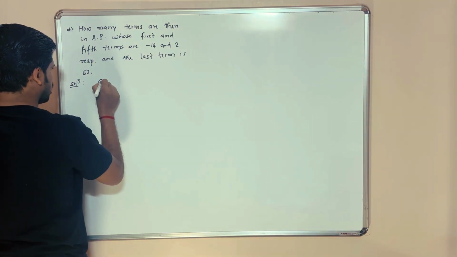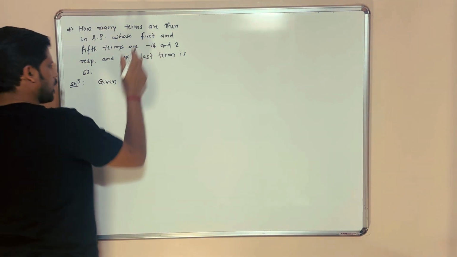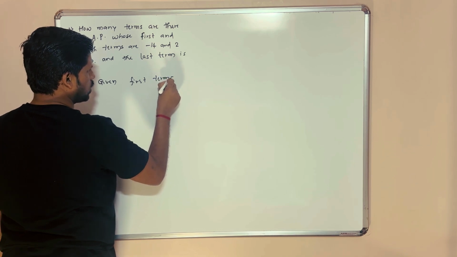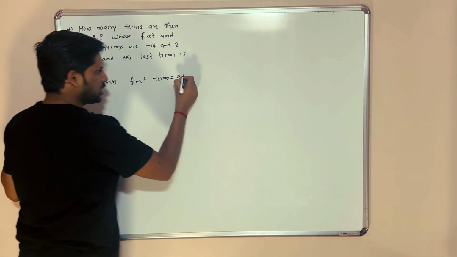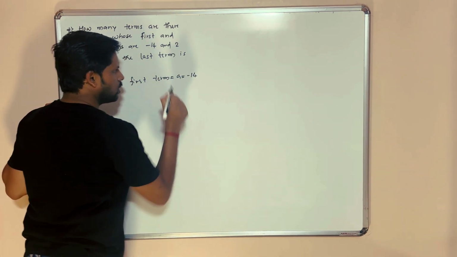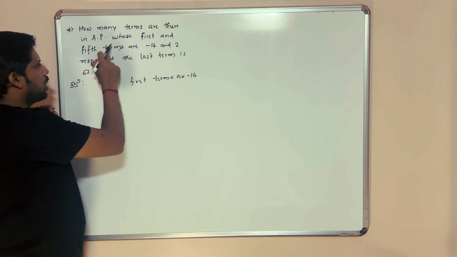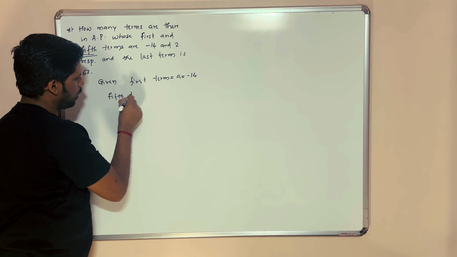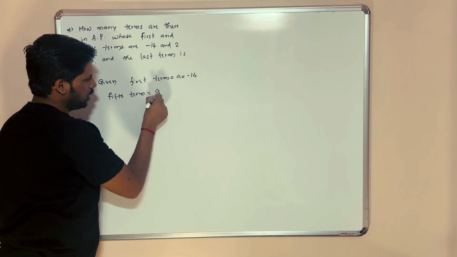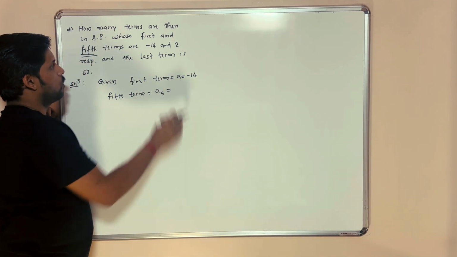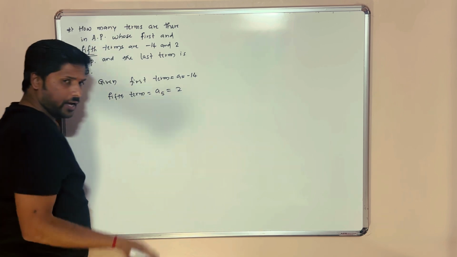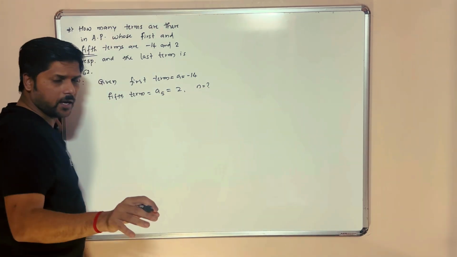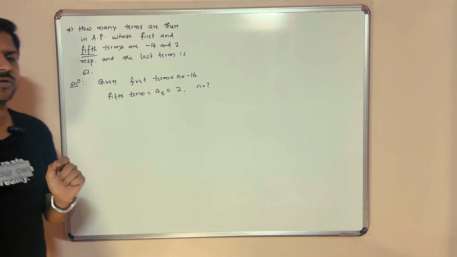The first term is given, denoted by a, that is minus 14, and the fifth term a5 is 2. We have to find n, and we also need the common difference d.